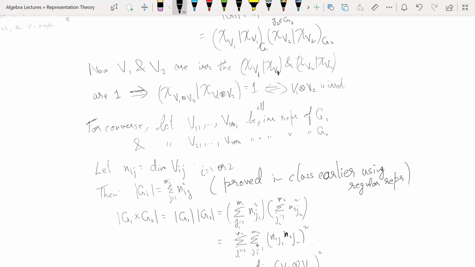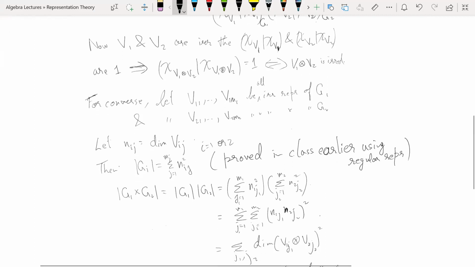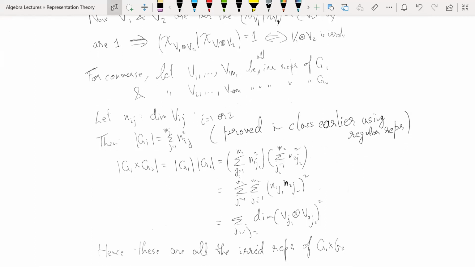Now the size of G1 times G2 is the product of these two, and you just expand it.